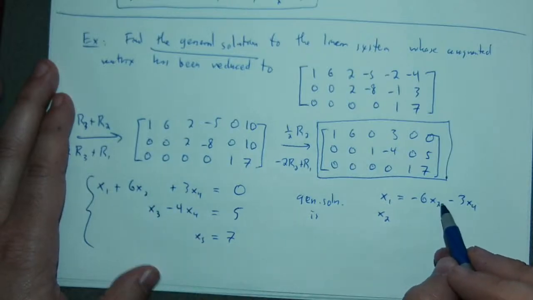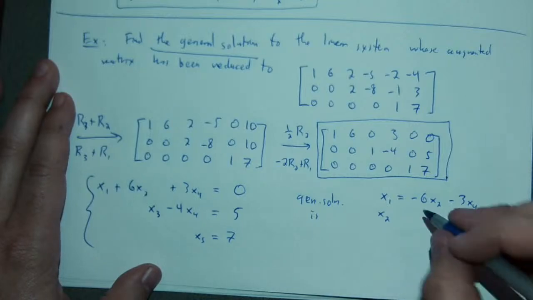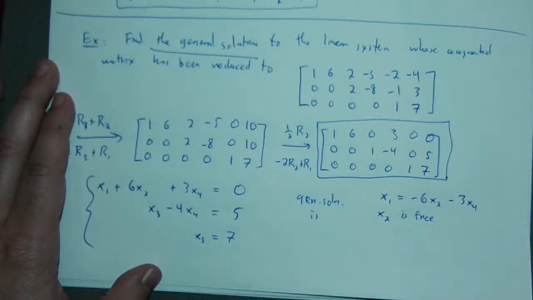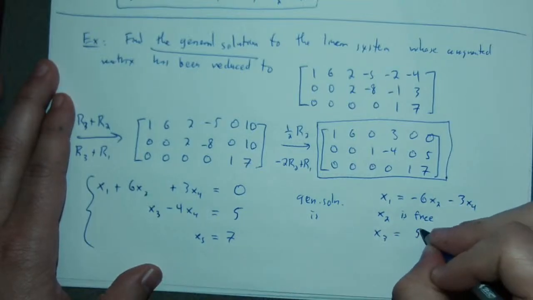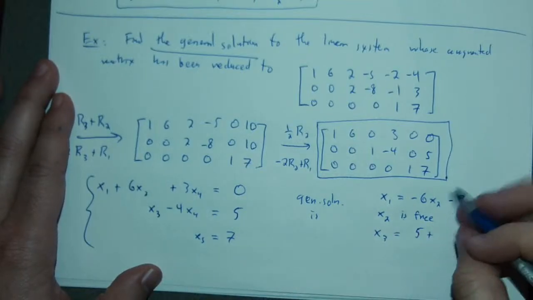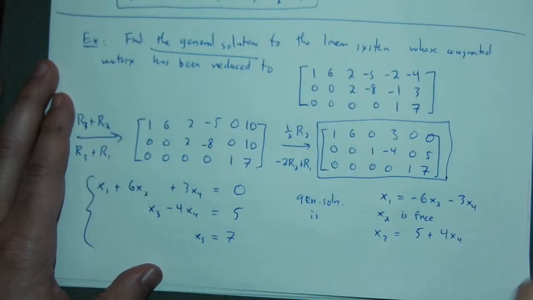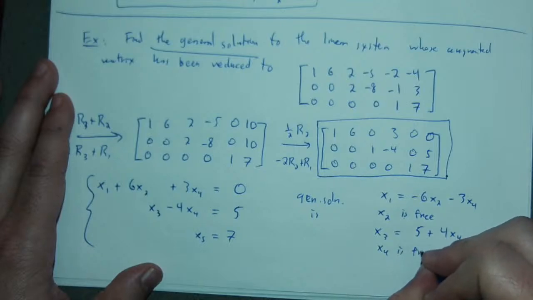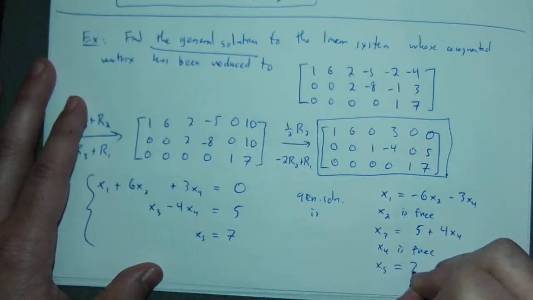I've already written x sub 2 up here. I can write x sub 1 in terms of x sub 2 and x sub 4. X sub 2 is free. And x sub 3 is 5 plus 4 x sub 4. And x sub 4 is free. And x sub 5 is equal to 7.